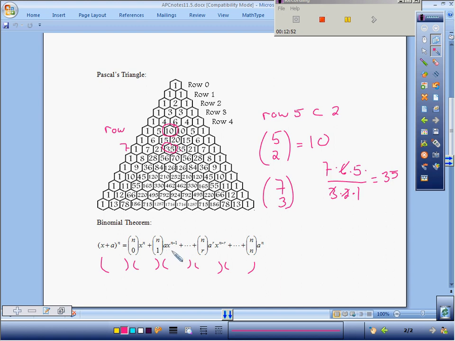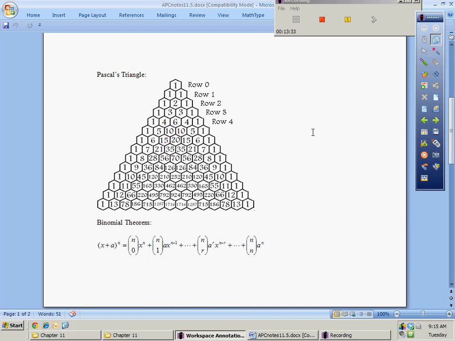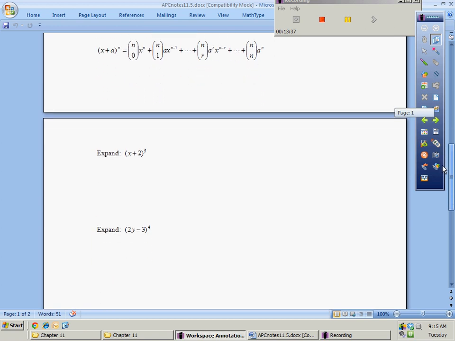And then what happens is the x goes down by 1 degree, and this term goes up by 1 degree.